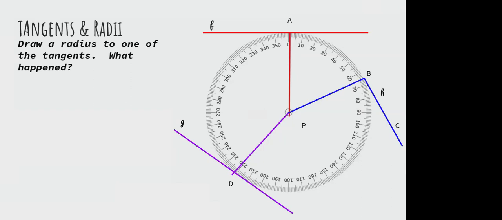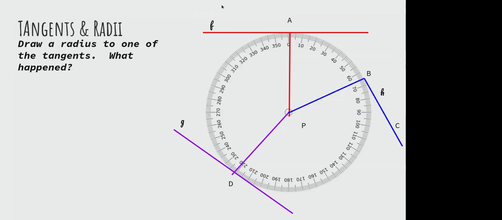Anybody? Go all the way back. What kind of angle looks like an L? And what is its measure? The corner of your room, the corner of a book. Yes. And what is the measure of a right angle? 90 degrees.